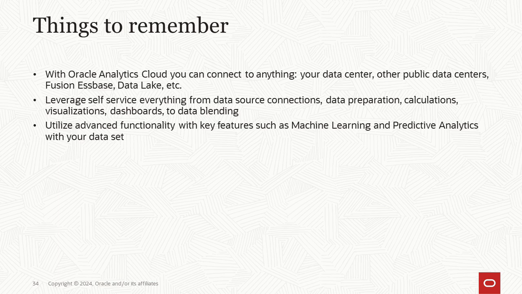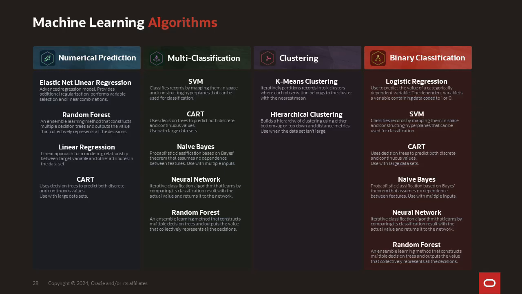So in any case, things to remember: we can connect anything. We can leverage different bits and pieces with our machine learning capability for preparation, connections, calculations, and utilize advanced functionality for key features such as machine learning. And remember that we do have these algorithms available for you, and AutoML is a tool that's open, and it will go through and do a recognition of the kinds of problems that your data recommends, so to speak.